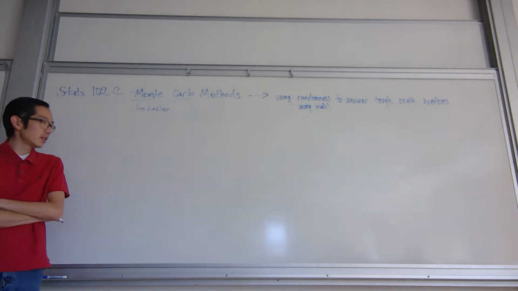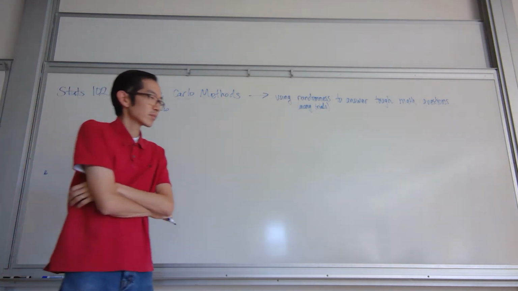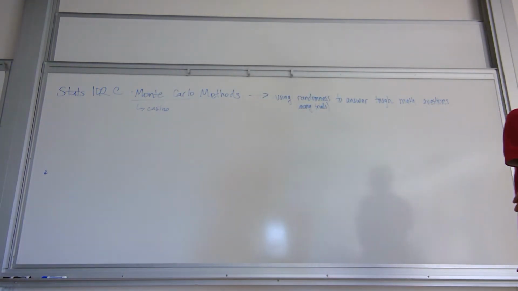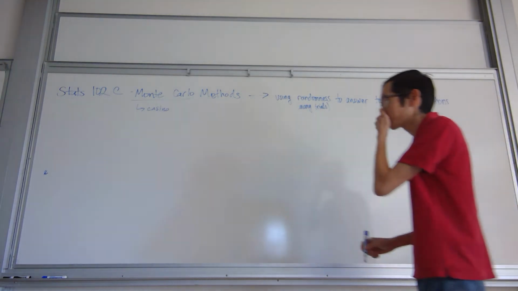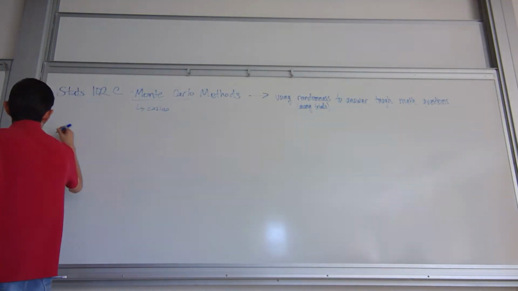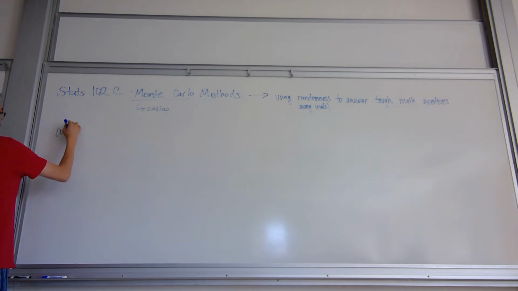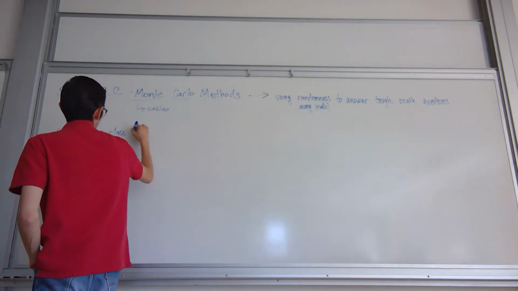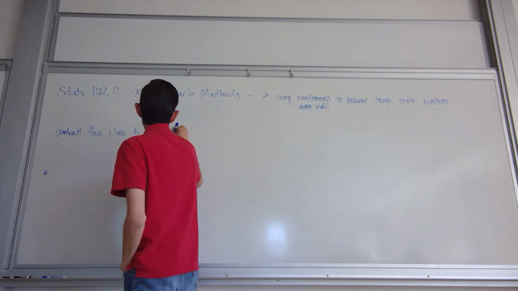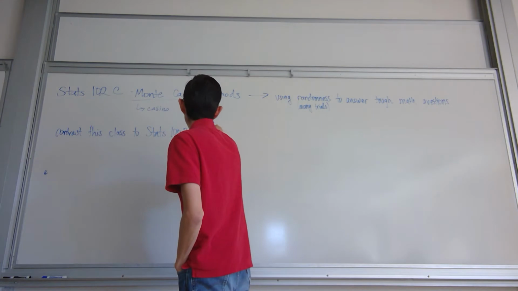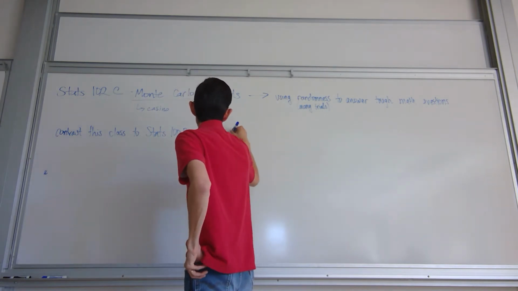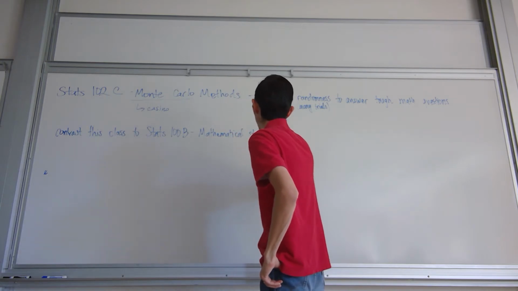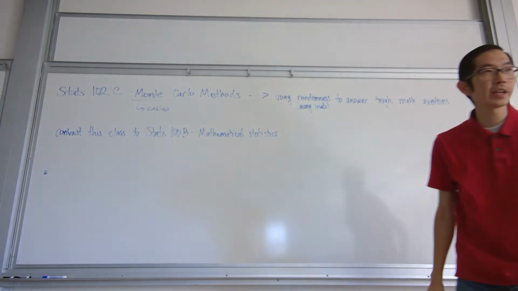I think one of the prereqs for this class is 100B, and 100B is your mathematical statistics course, right? So let's contrast this class to 100A and 100B, right?